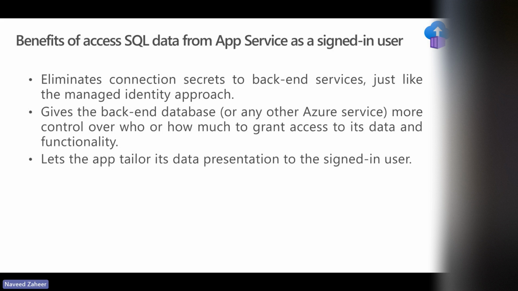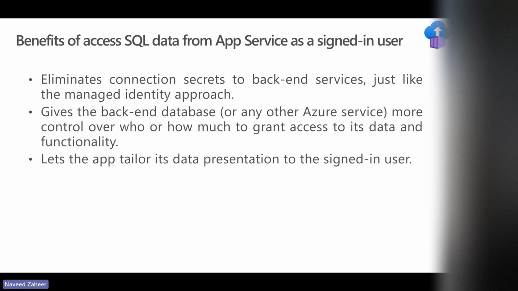For example, let's say you have a web application running in an app service or a function accessing SQL data. We're talking about Azure SQL here. You can use a connection string, store it in Key Vault, and then access it. That's one way of doing it, and it has its pros and cons.